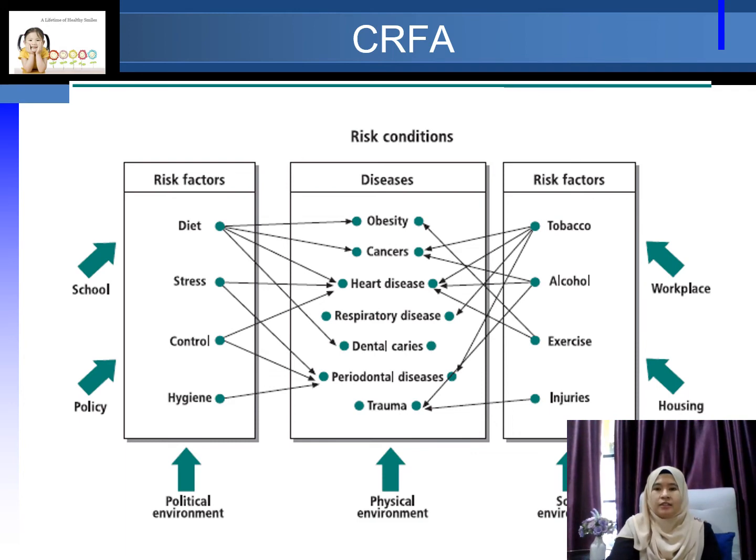Diet can cause obesity, cancers, heart disease, and dental caries. So with this approach, we try to control the risk factors. We try to reduce sugar, maybe reduce salt, in terms of diet. With this approach, we can avoid many of the diseases that involve diet.